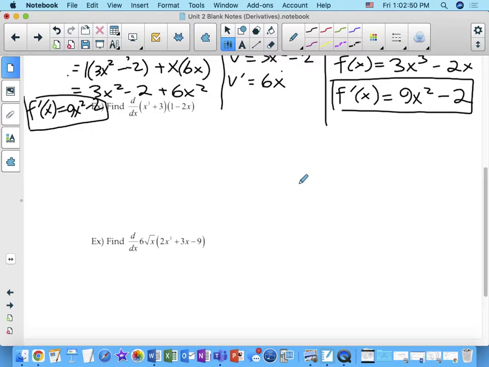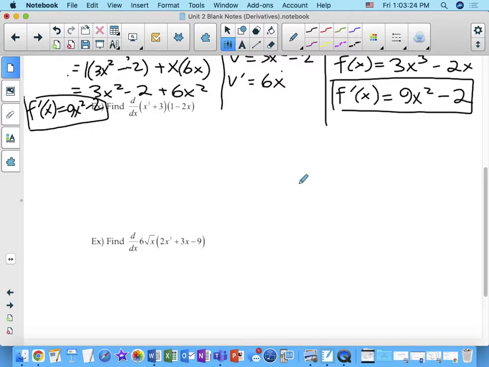Now let's just practice using this thing, okay? Because today, since we haven't learned about derivatives of other types of functions, all we've learned about so far is the power rule. Basically, everything that we're going to do could be done through expansion, okay? So the fact that we're using the product law today is just an option.